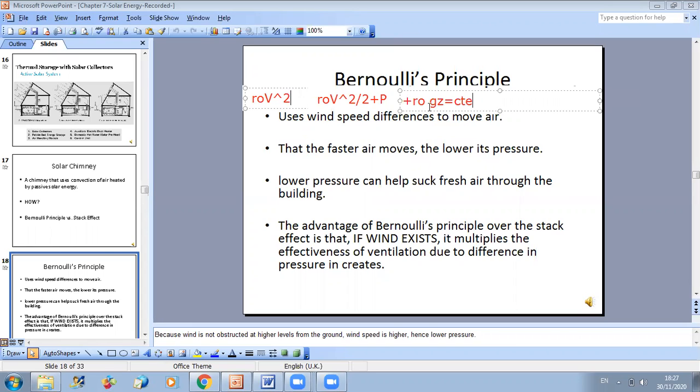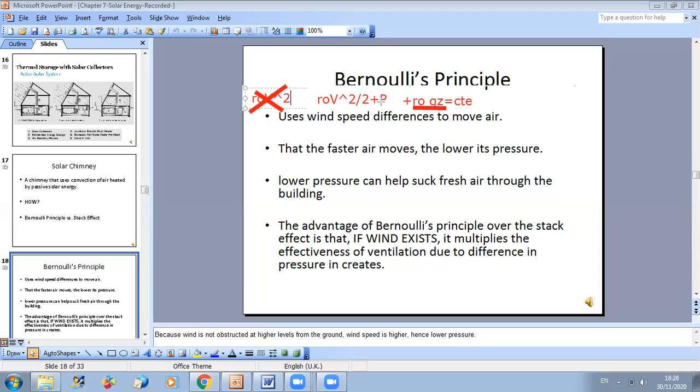This was the Bernoulli equation. If you look at this equation and you neglect variation in altitude, if we don't have very large variation in altitude, then rho v square over 2 plus p is constant. This means that if you have a high velocity, pressure will be reduced. This is the Bernoulli effect.